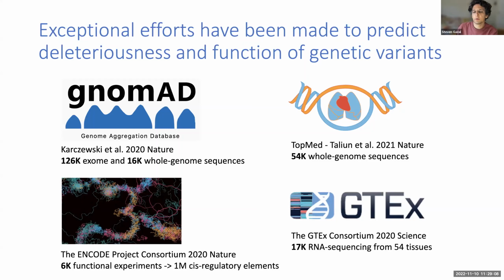I won't go really deep into these projects, but what I wanted to highlight, and I highlighted in bold, is the sample size of these projects. We're talking in terms of thousands or tens of thousands of data that are needed to build a catalog of what is important in the human genome.